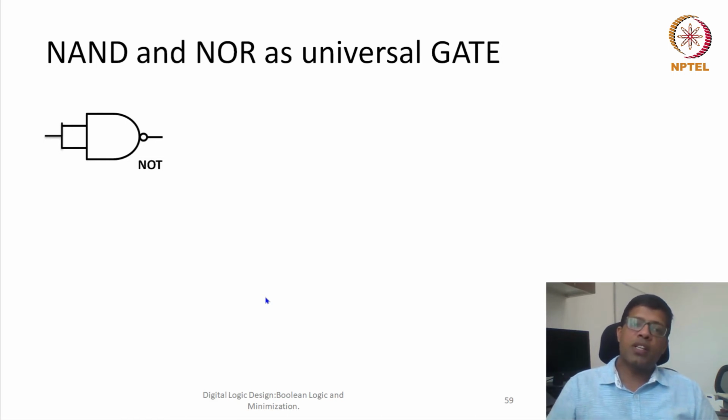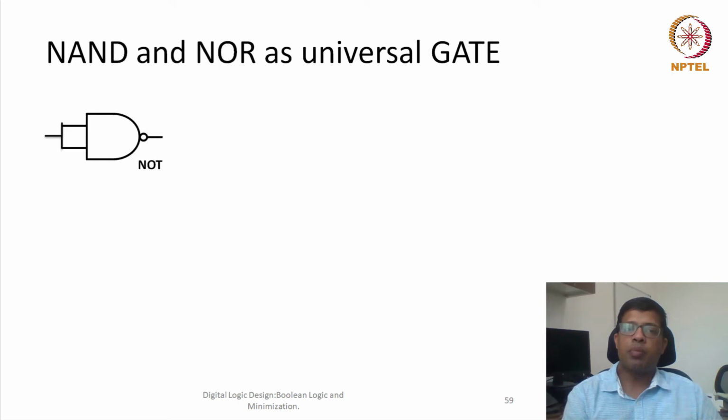So let us say, first of all, if I tie both the inputs of my NAND gate, then if we see the truth table, it would behave like a NOT gate. This is the basic property.